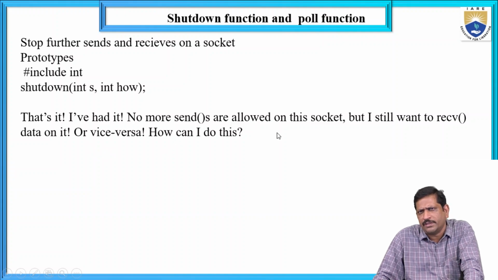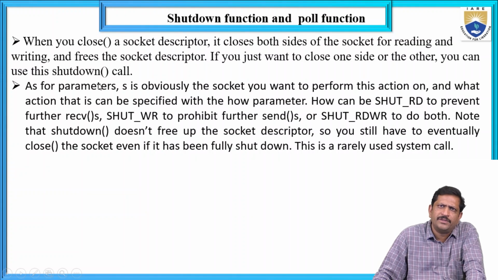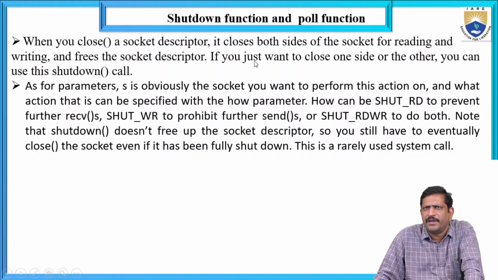How can we do this? After shutting down, if you want to receive the data, how will it be received? When you close a socket at the descriptor, it closes both sides of the socket for reading and writing, and frees the socket descriptor.